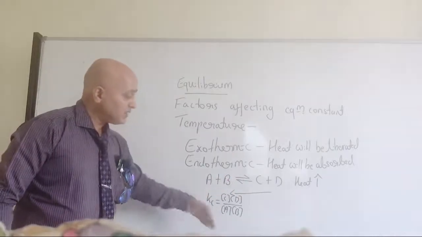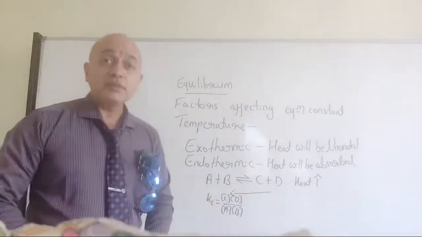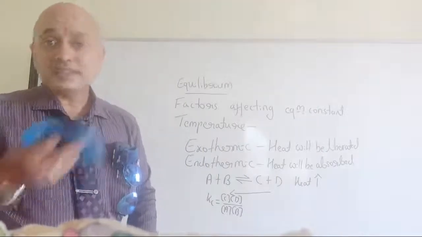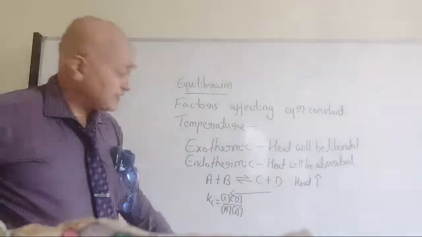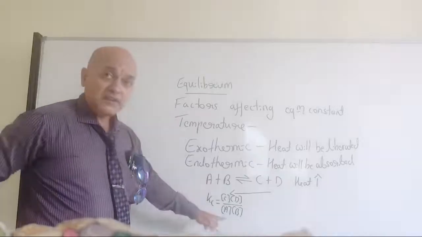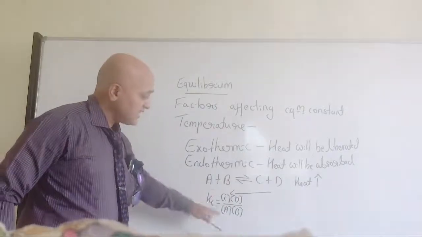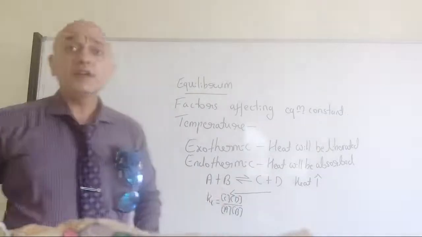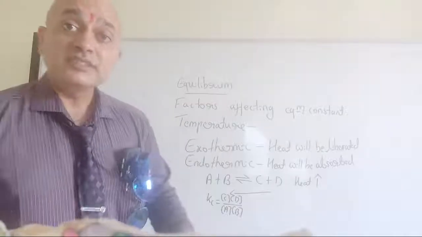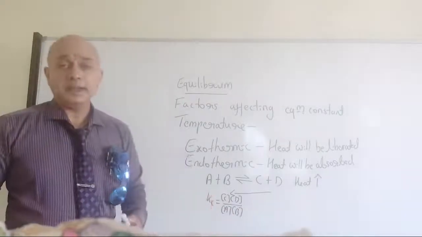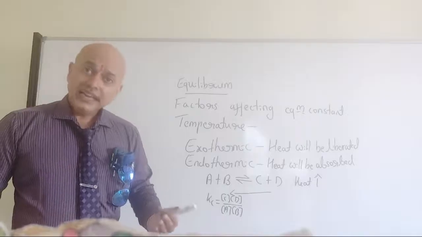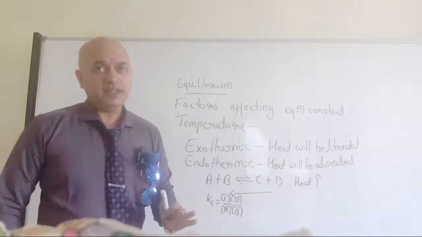That means the equilibrium constant will be reversed. A and B will now act as products. For the backward, reverse reaction, A and B act as products. So there is an impact on the equilibrium.